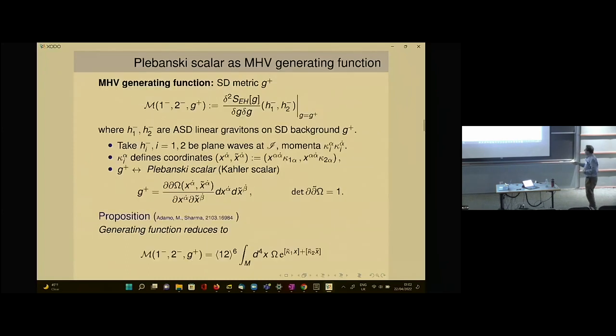So by generating function, what I mean is that if you construct a g plus perturbatively, say from another n minus 2 positive helicity gravitons, then this would give you the full MHV amplitude. Okay, any questions?